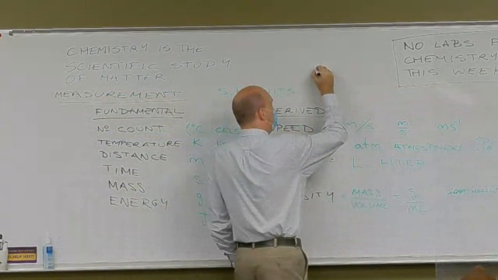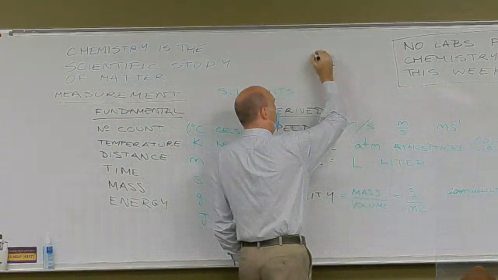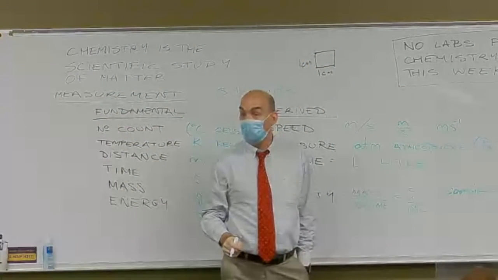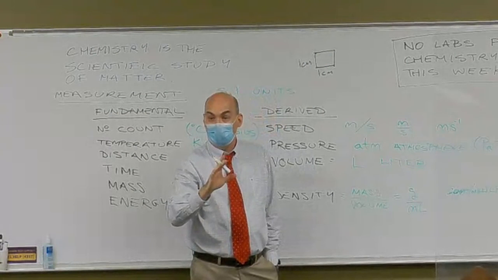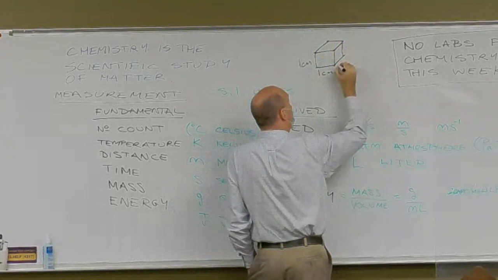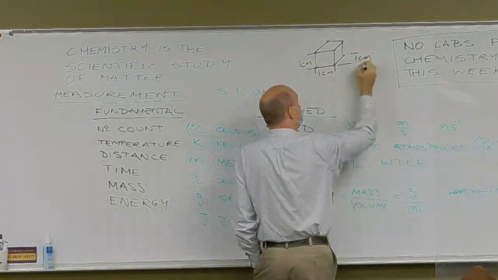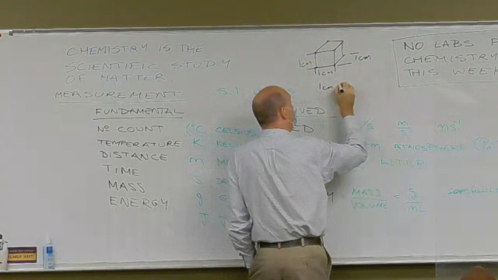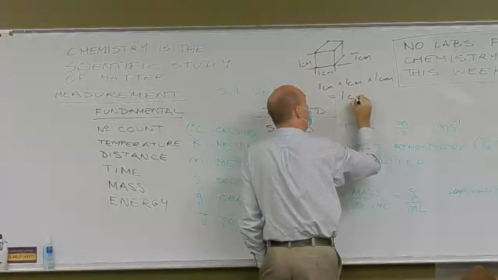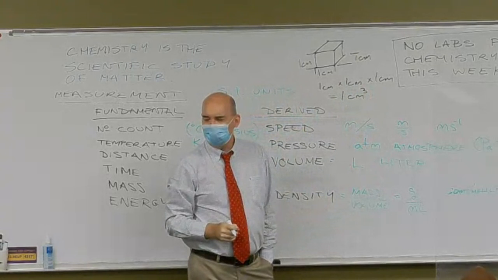If you take a centimeter and make a square out of it, I have a 1 centimeter squared area. Then if I make that into a cube by making this distance 1 centimeter, then I have 1 centimeter times 1 centimeter times 1 centimeter, which is 1 cubic centimeter.